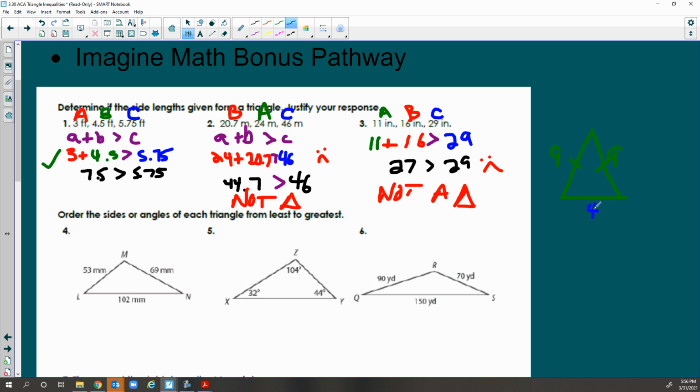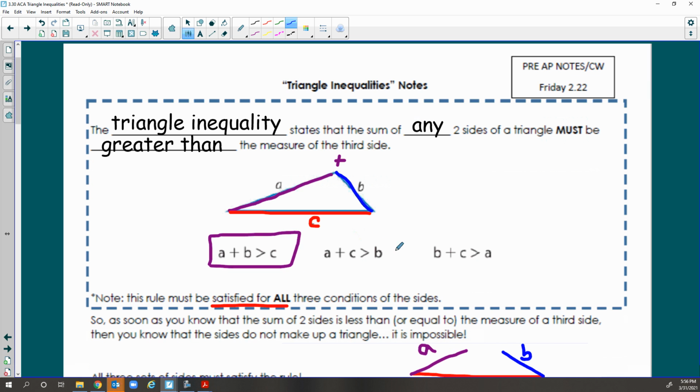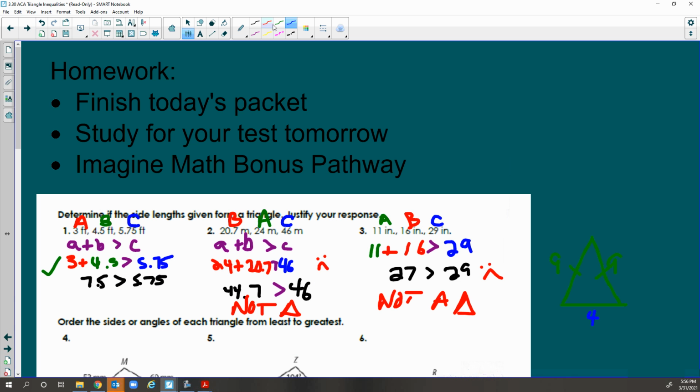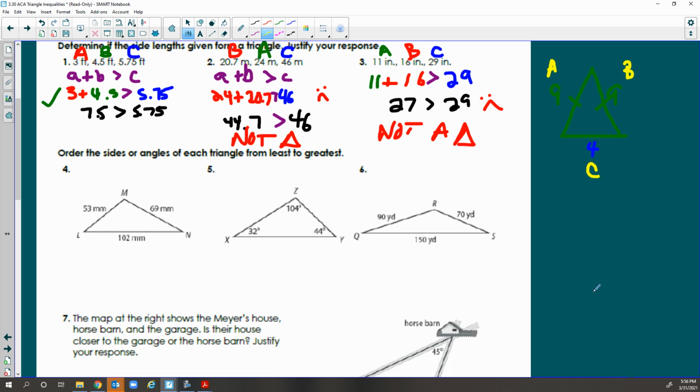I can, but my thought process unfortunately gets debunked a little bit. So this one, you would have to go back and use all of these guys. You just have to assign them their own letter. I'd have to make this side A, this one would be B, and this one would have to be C. And then I'd have to test it all 3 times.